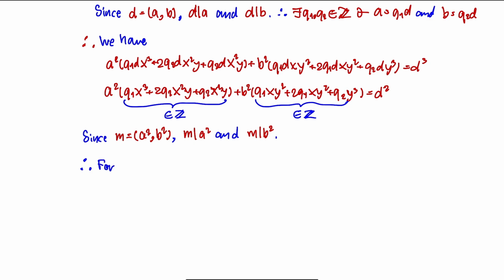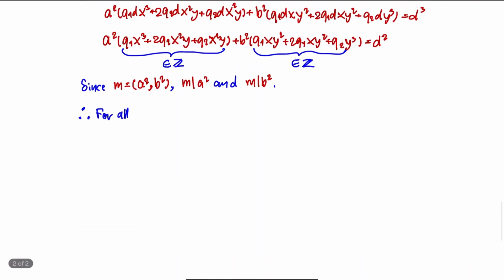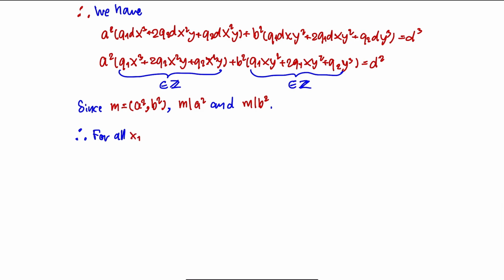for all integers, let's use x1 and y1, okay? For all integers x1, y1, what do we have?